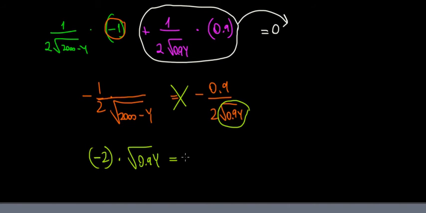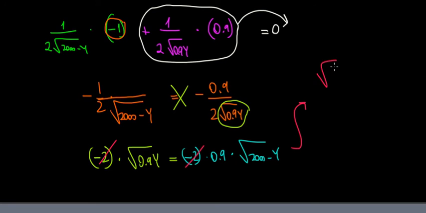So we will have minus 2 times 0.9 times the square root of 2000 minus y. Now why did we do so? Because we can cancel out something. Minus 2 and minus 2 cancel out, and we're left with square root of 0.9 times y equal to 0.9 multiplied with the square root of 2000 minus y.